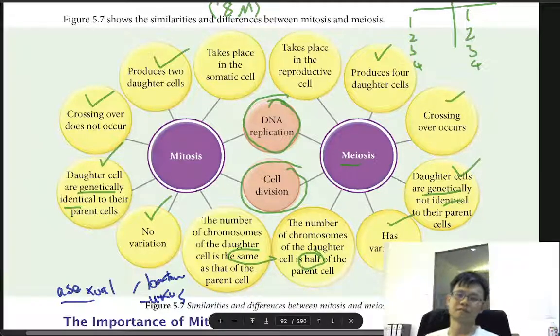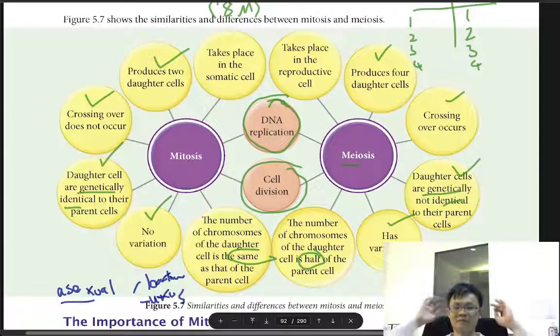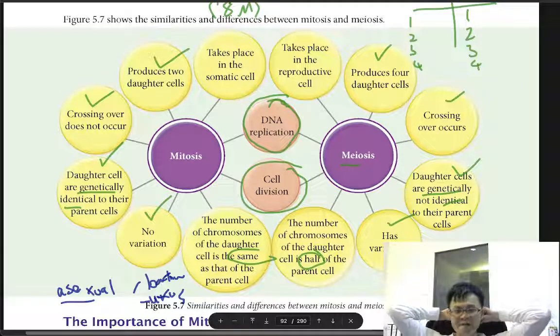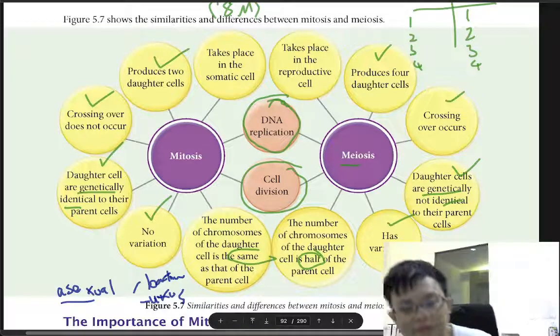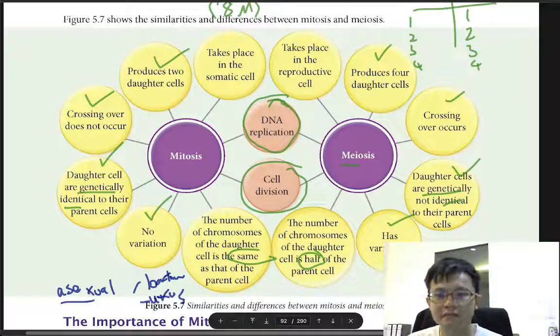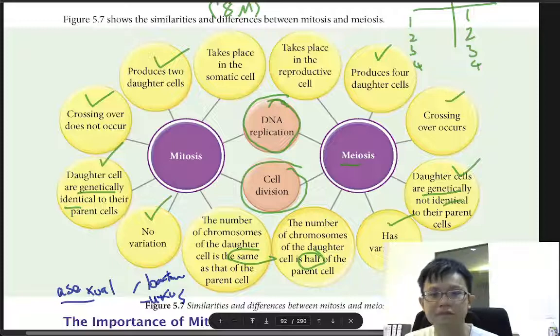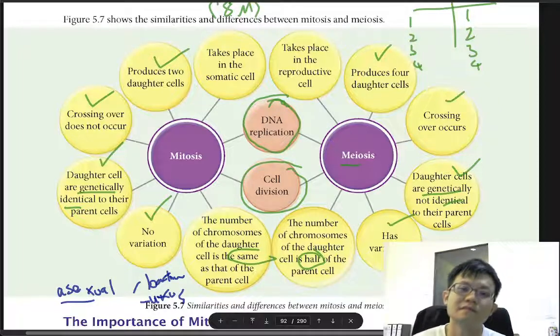Mitosis and meiosis both involve DNA replication. And mitosis takes place in the somatic cells, while meiosis takes place in the reproductive cells.